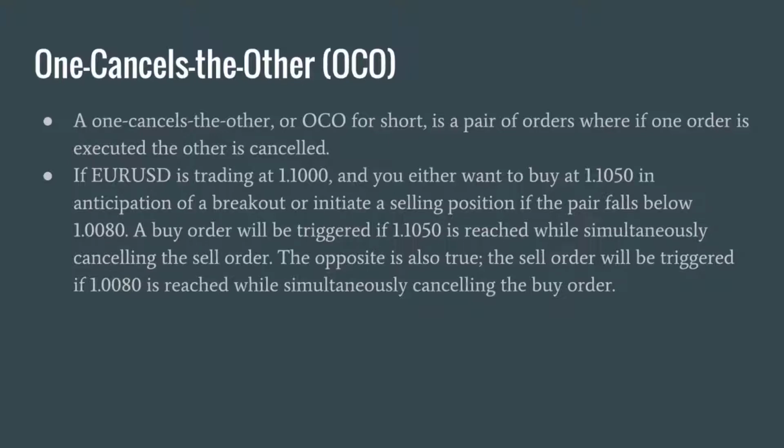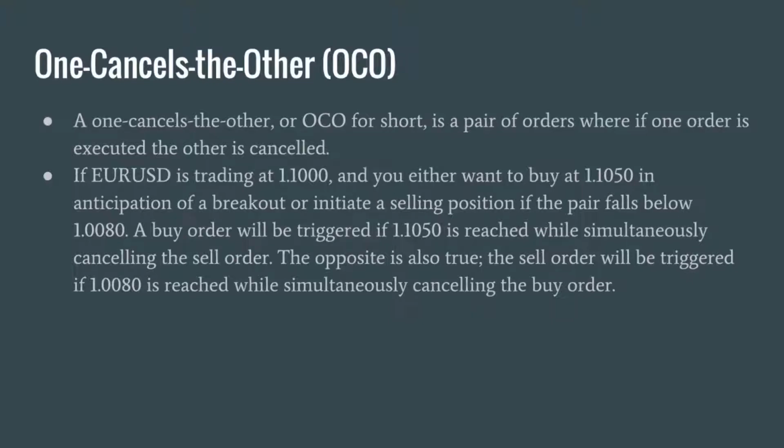So for example, if the euro dollar is trading at 1.1000 and you either want to buy at 1.1050 in anticipation of a breakout or initiate a selling position if the pair falls below 1.0080, then a buy order will be triggered if 1.1050 is reached while simultaneously canceling the sell order. The opposite is also true, where the sell order will be triggered if 1.0080 is reached while simultaneously canceling the buy order.